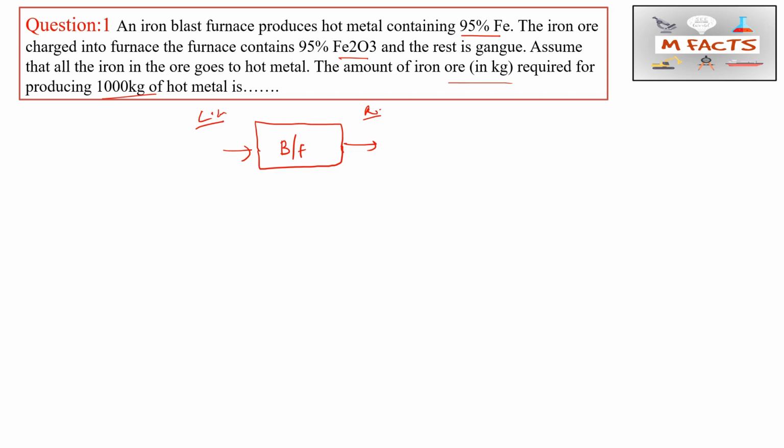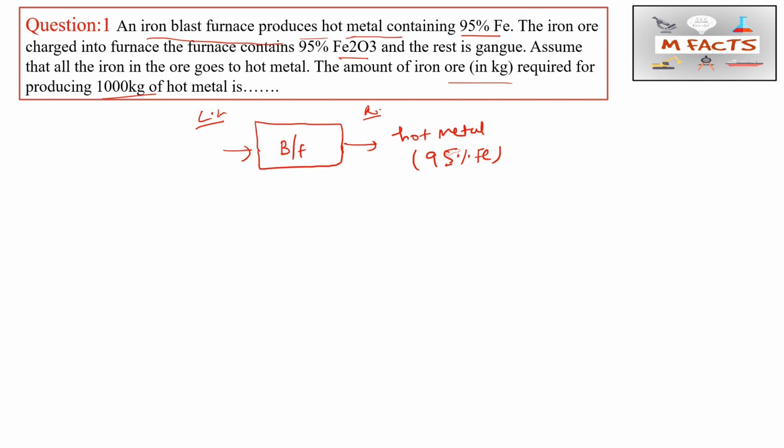Okay, so the first line is: an iron blast furnace produces hot metal. So this is the output of the iron blast furnace, hot metal containing 95% of Fe. Initially they have mentioned this 95% Fe. The next line is: the iron ore charged into the furnace.